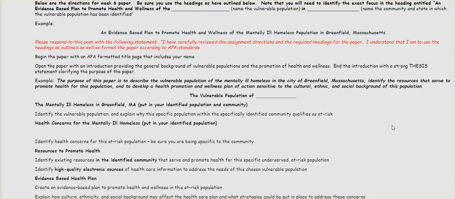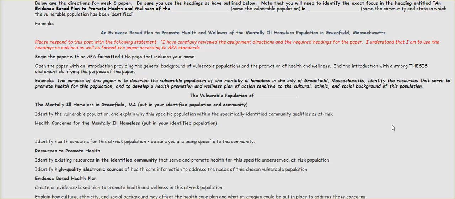So spin this according to your population. In this case, I would not be saying these are direct sources for my population. I might say they're sources for the development of some informational tools that I could provide to them, or posters or something. Then you're going to go to the next section, which is entitled Evidence-Based Health Plan.